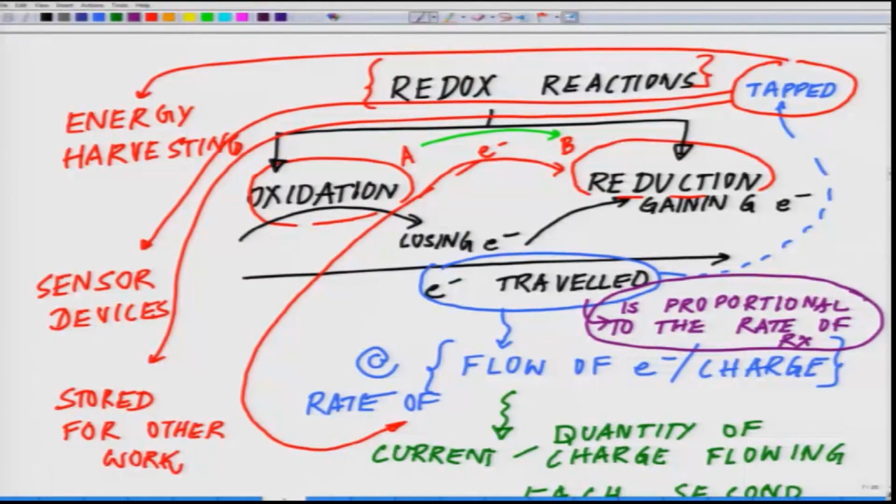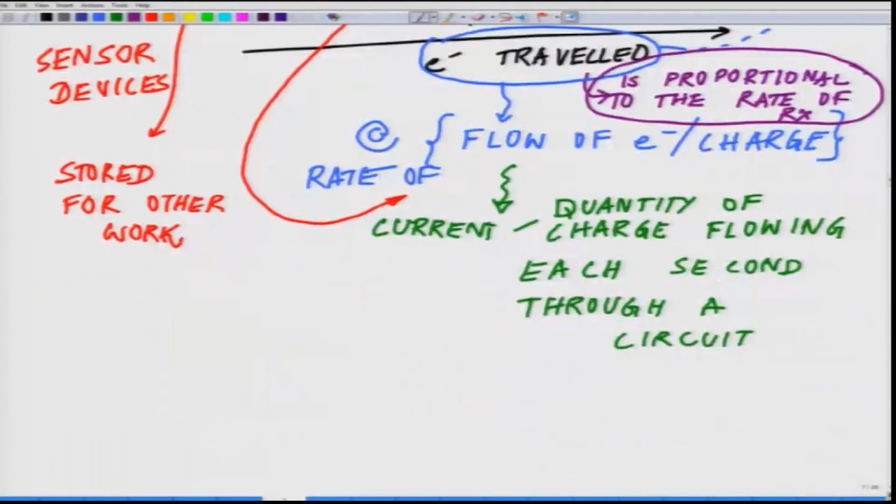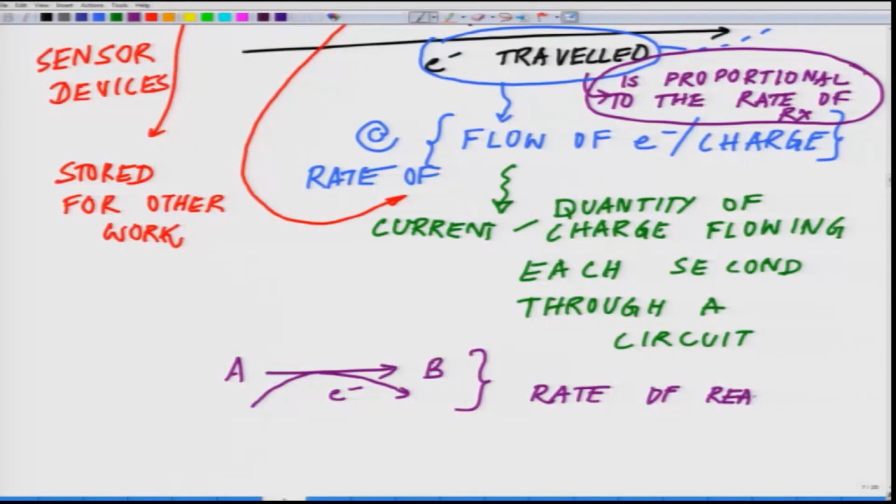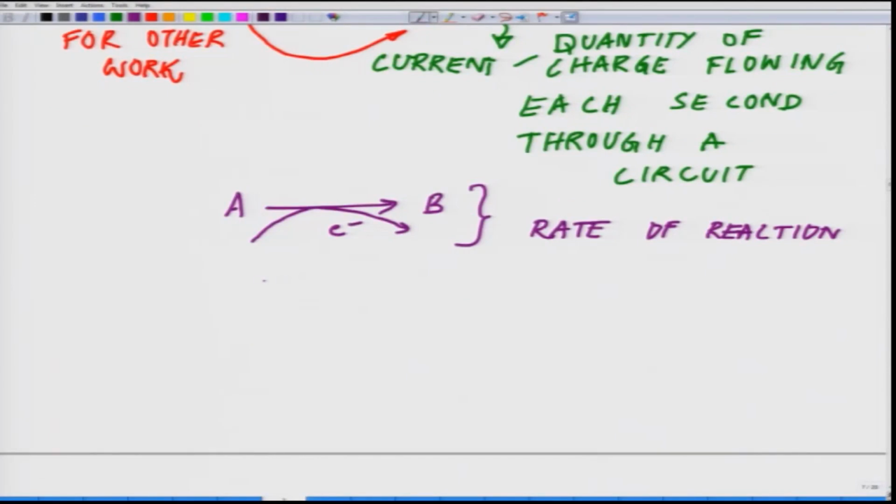So, what is the amount of reaction which is taking place? In other words, the take home message here is that if a reaction is taking place between these and there is a flow of electron, that indirectly signifies the rate of reaction happening. This part is extremely essential because we will be dealing with this in terms of the numericals as we move forward.